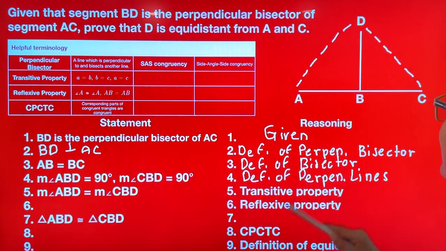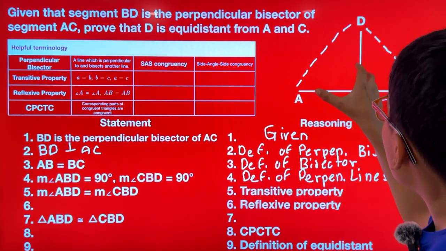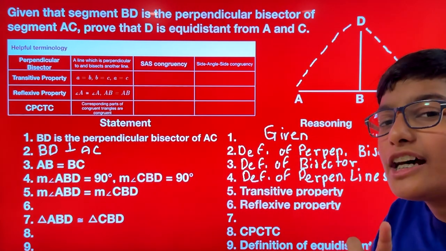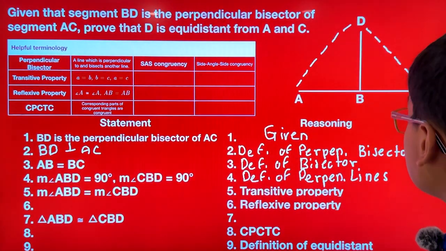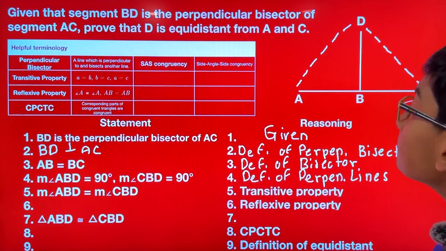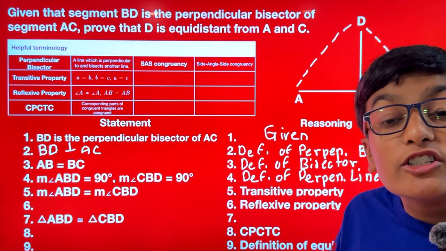Well, we can see that ABD forms a triangle and CBD also forms a triangle. And these triangles appear to be congruent. Well, if they were congruent, then segments AD and CD would be congruent to each other.